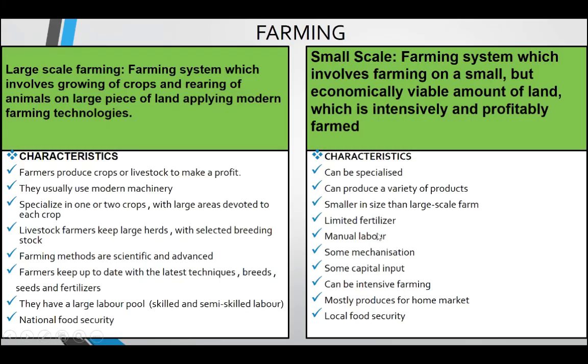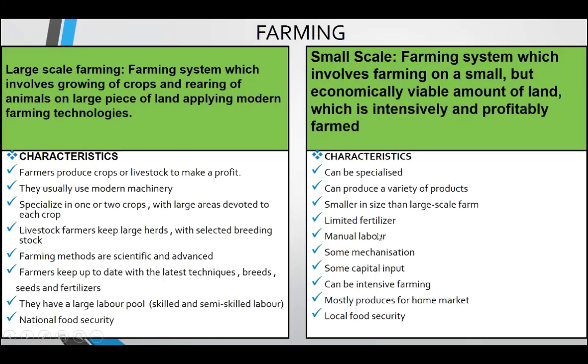This is the kind of farming that contributes to food security at a national level, while small-scale farming contributes to local food security. We'll look at what food security is when you continue.